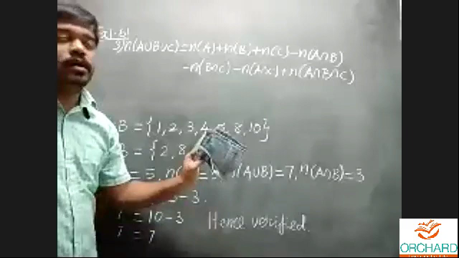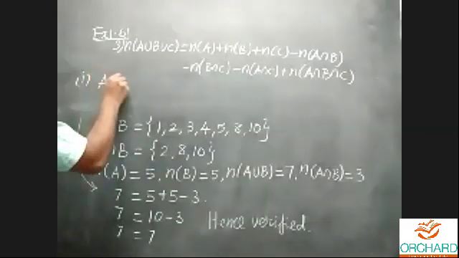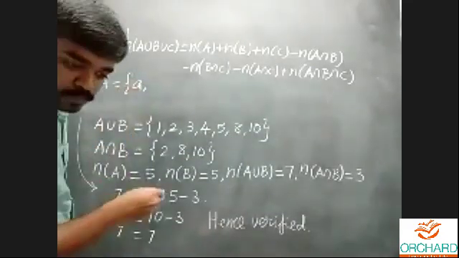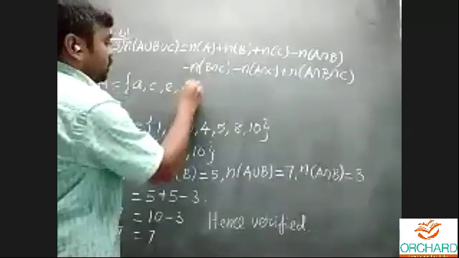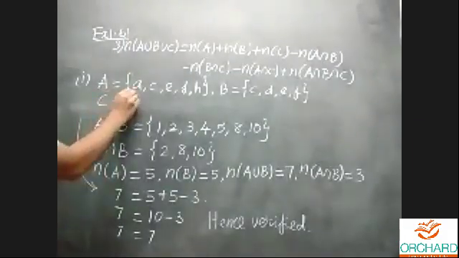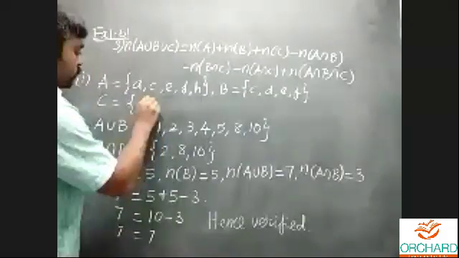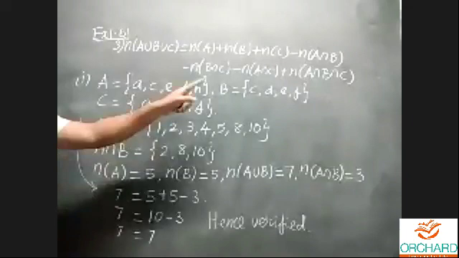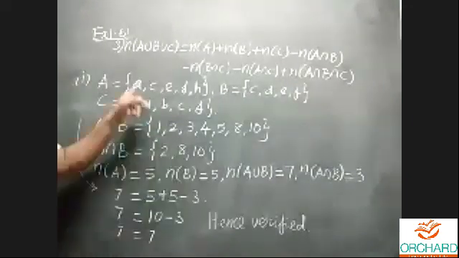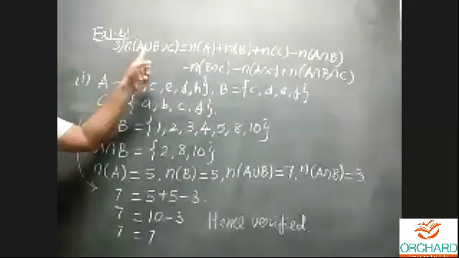What is the information given for the first subdivision? The elements of set A are A, C, E, F, H. The elements of set B are C, D, E, F. The elements of set C are A, B, C, F. First, you identify A union B union C, the union of the three sets.